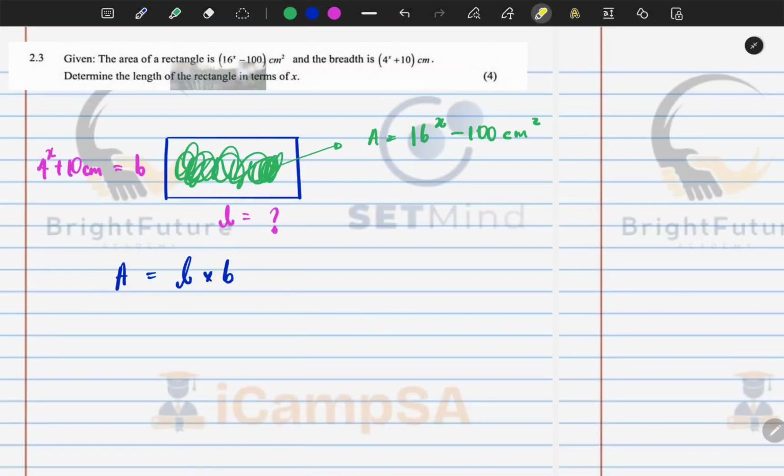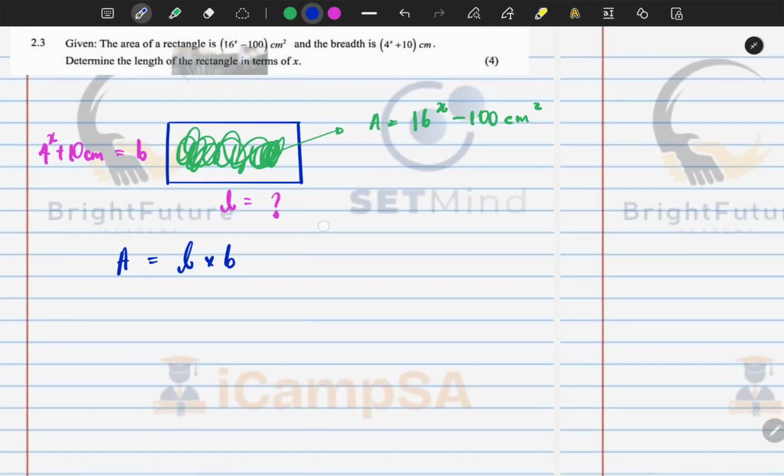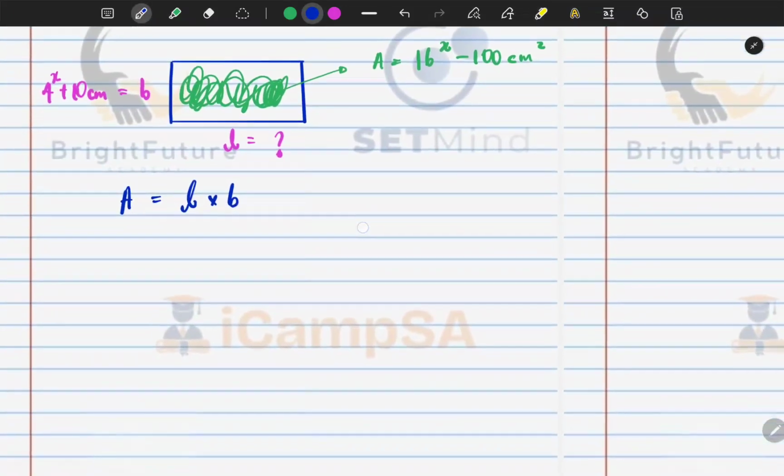So we are going to substitute and solve for L. So the area is 16 raised to the power of x minus 100 equals length times 4 raised to the power of x plus 10. What we are looking for is the length.